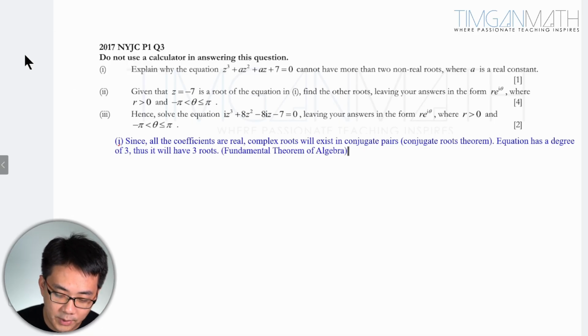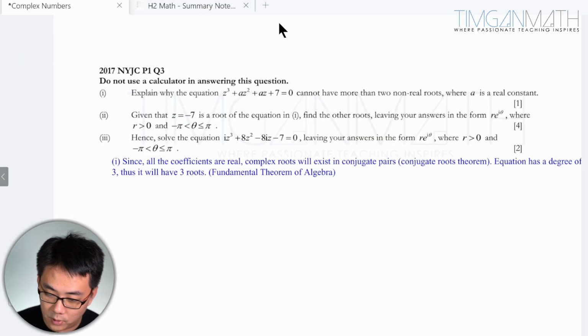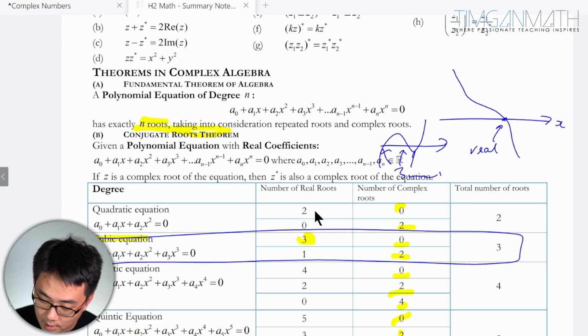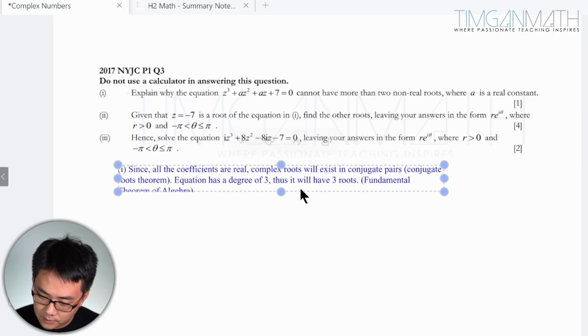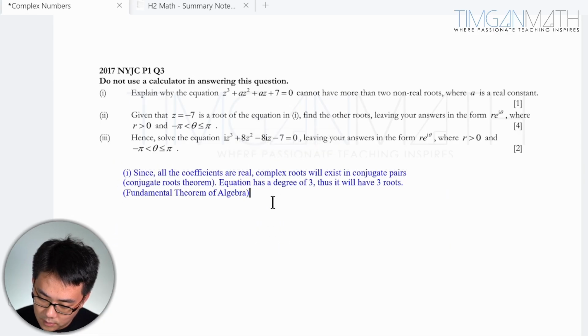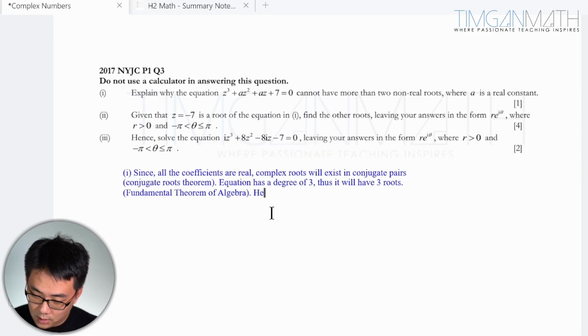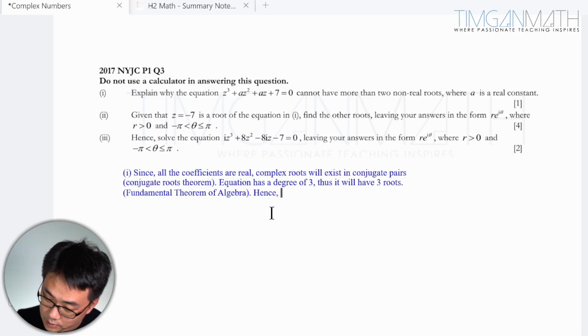You don't need to write the fundamental theorem of algebra in. You don't even need to write the complex. But I'll just write it down. Thus. Okay. Hence, cannot have more than two non-real roots.